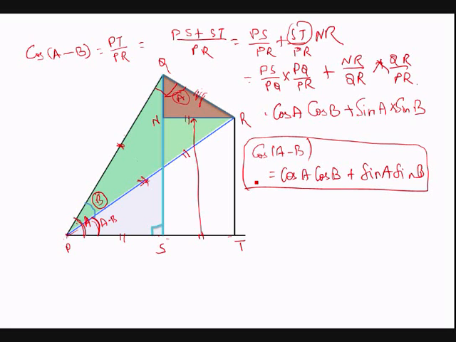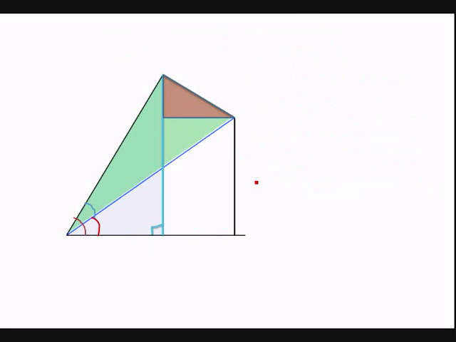We can continue proving what tan(A minus B) is in the same way as we did before. For tan(A minus B), we don't have to go into the triangle, but we can use sin(A minus B) over cos(A minus B). We can substitute the formulas here.